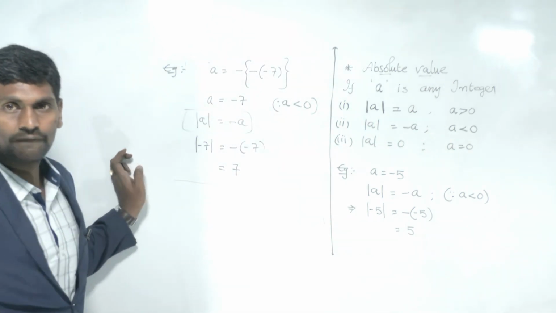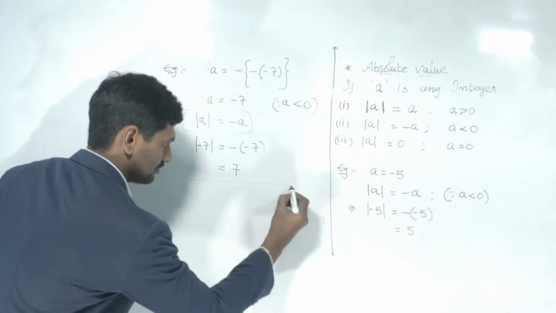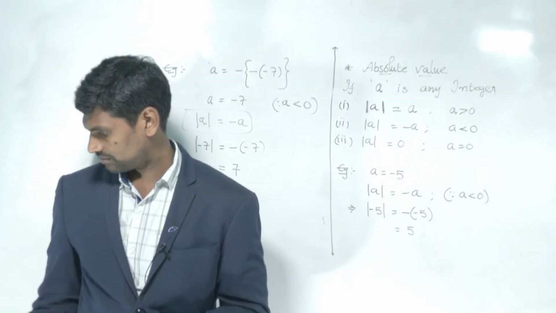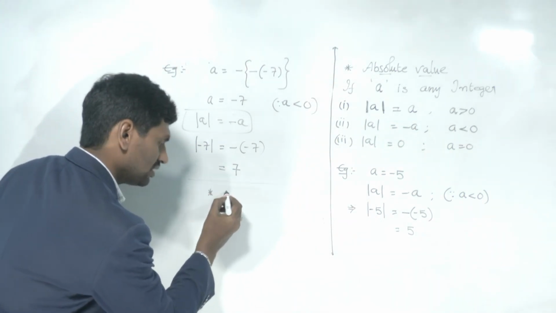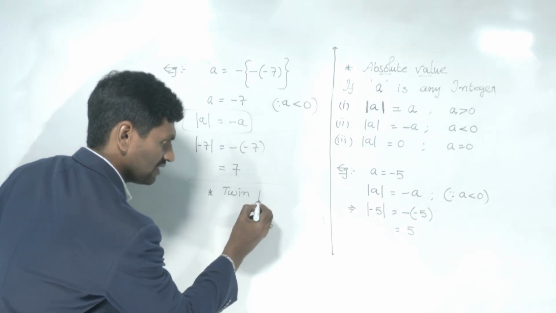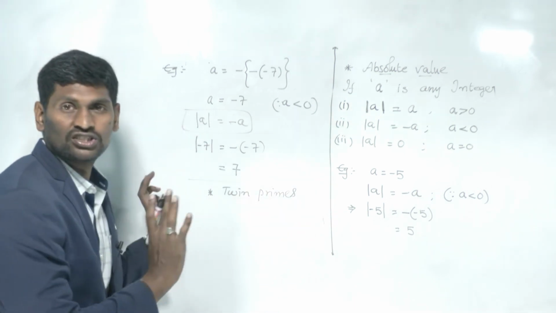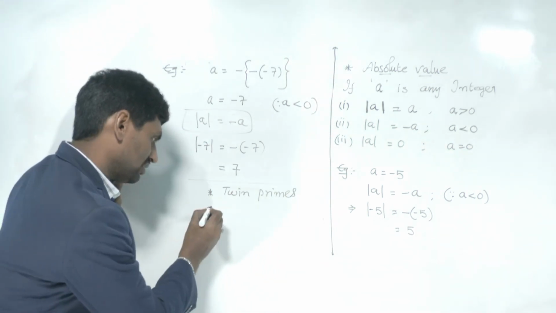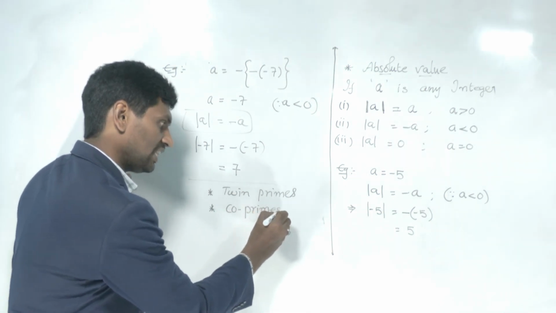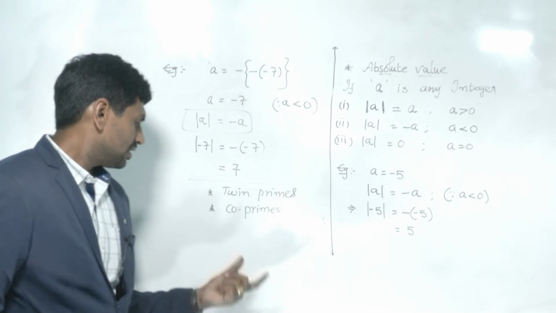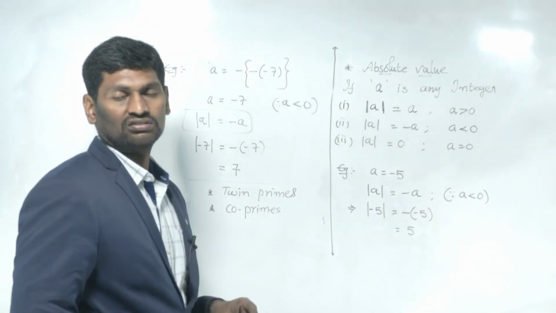I am writing the topics you learned today. Today we have discussed twin primes. Just revise again: twin primes have a difference of 2 between two prime numbers. Co-primes, also called relatively primes, are both the same. For any two numbers, there must be only one common factor, nothing else.